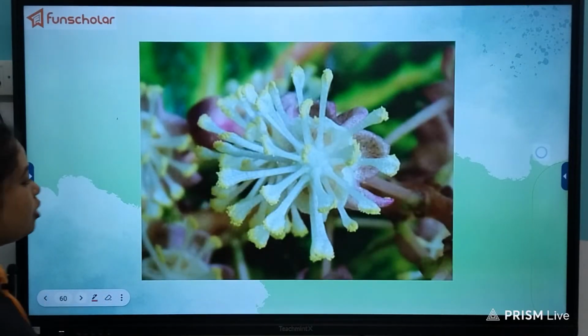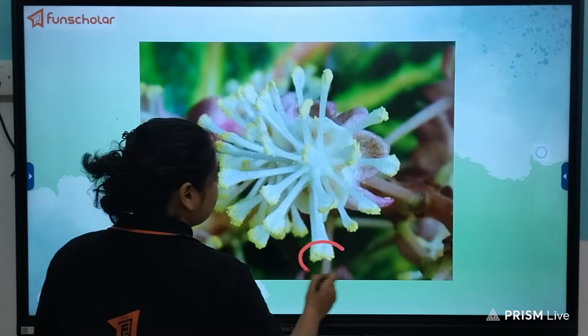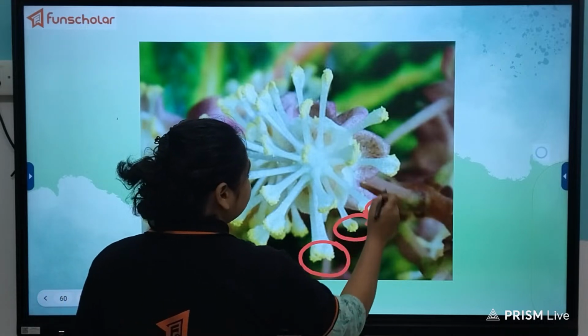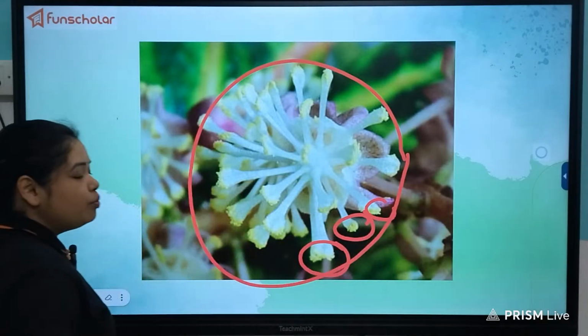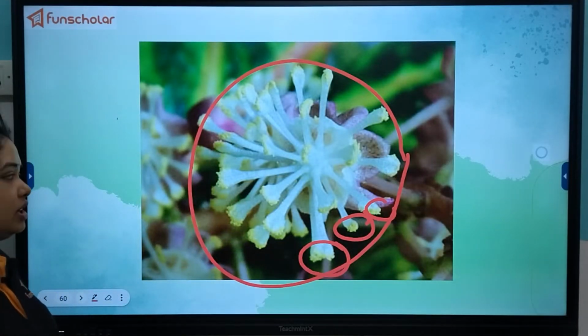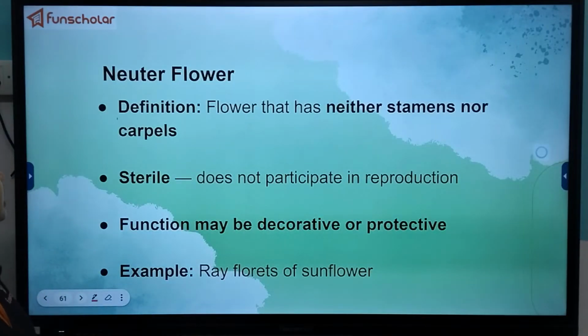So this is the example of a pistillate flower. Here all the parts, you can see, are the group of the pistils or the carpels, and no stamen is to be found here.